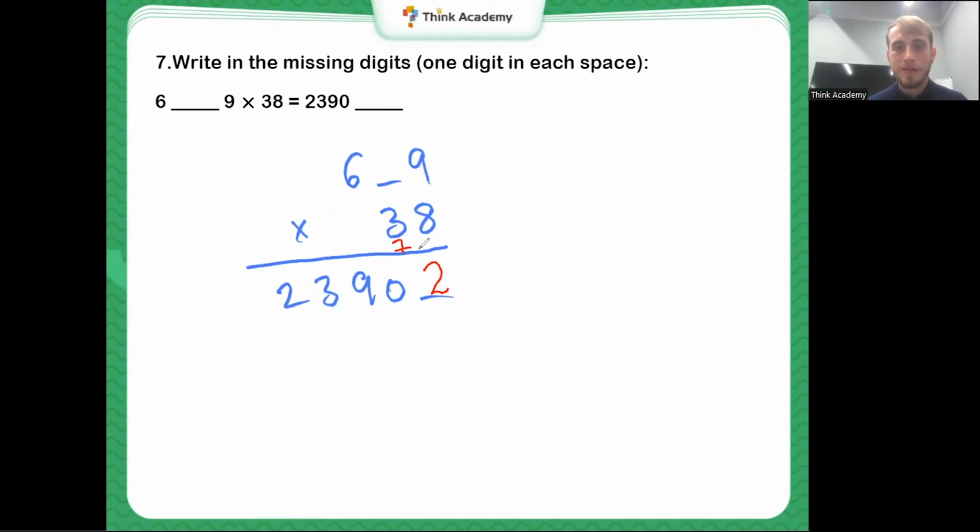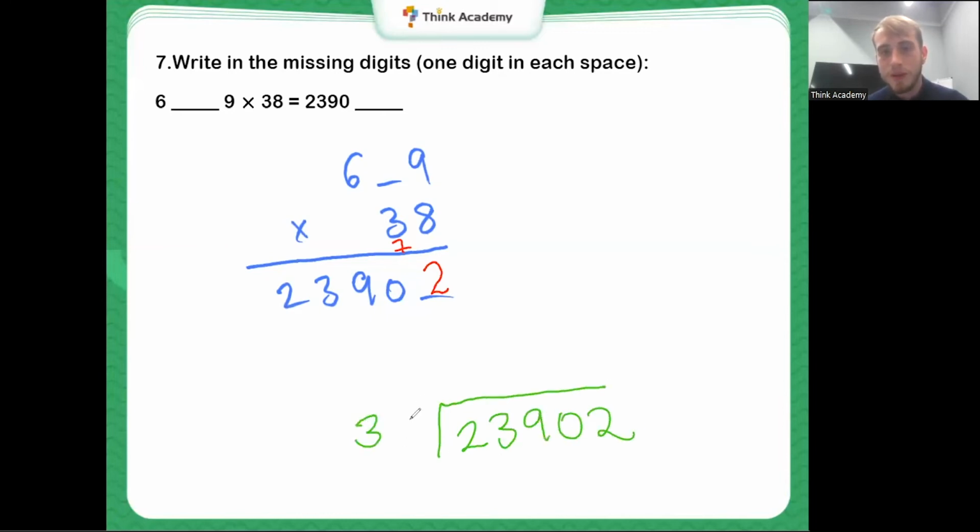Now we can do a little bit of maths and analysis on this, but the easiest way to solve this question, now you've got your 1s digit, is to work backwards. So what times 38 gives me 23,902? Or in other words, 23,902 divided by 38 gives me what?